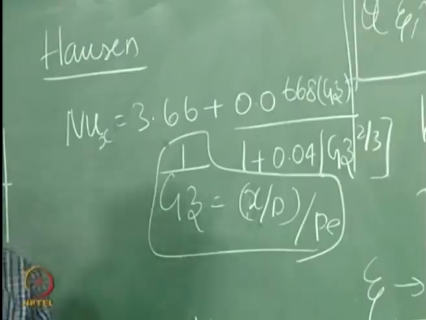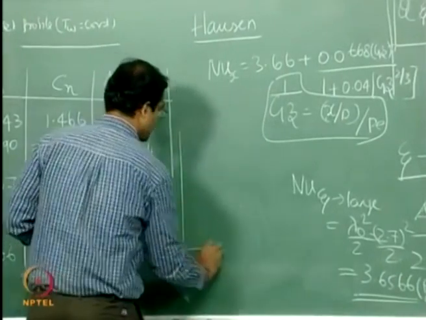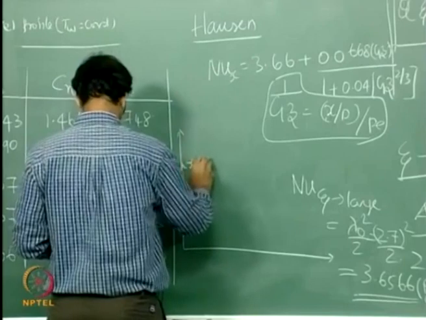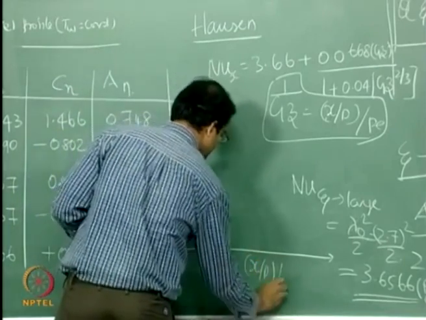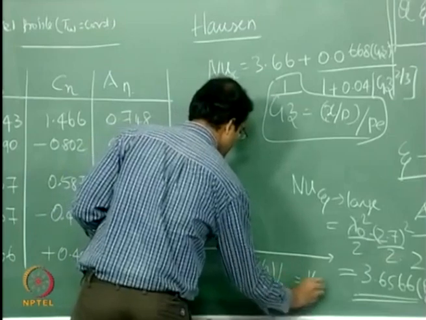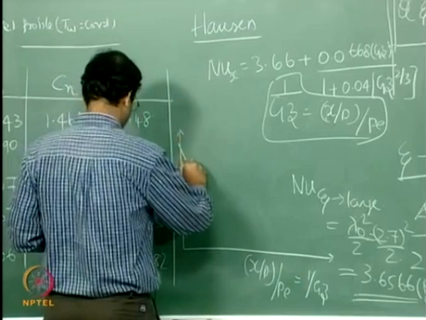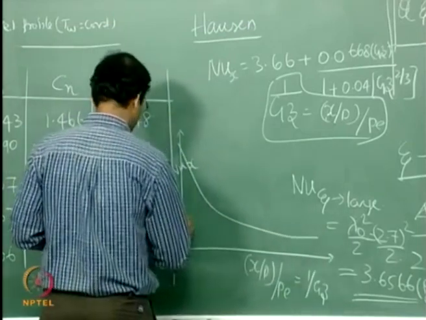If you want to plot the axial variation of the local Nusselt number with respect to 1 over Graetz number, you will find that this is for the constant heat flux case.